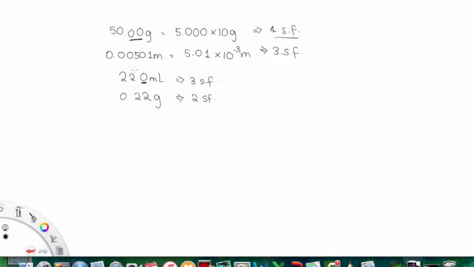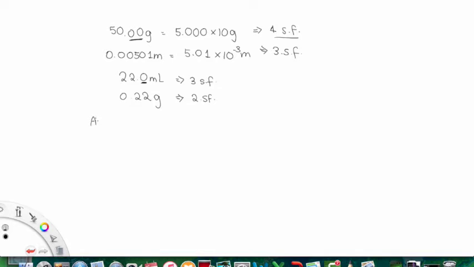So thus this has 3 significant figures. But when there are zeros in front of the actual numbers, so here we have 1, 2, 3 zeros, the only thing we count is the 501, that has 3 sig figs. So basically the zeros that come before the actual numbers are not counted. So in this case, we have one zero right here, but the actual number of sig figs is 2. So that's one basic rule.